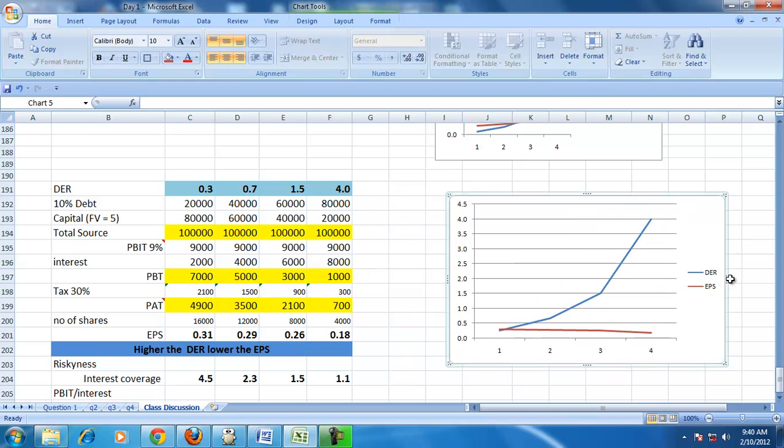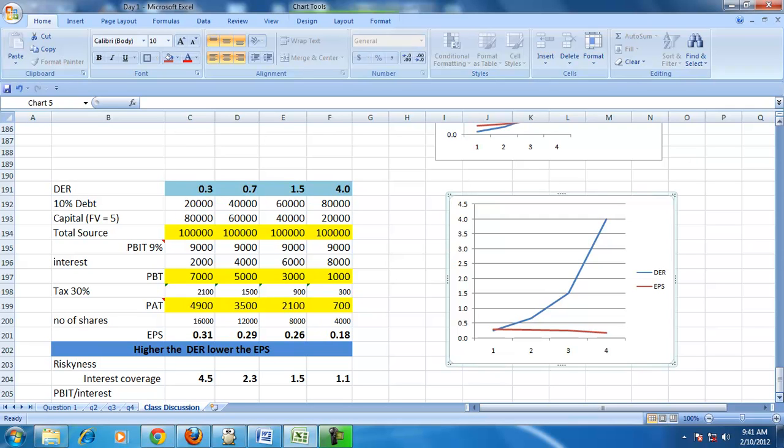It is necessary to understand the effect of the DER on the other financial indicators, and then come to a conclusion. It's possible that some companies have a high appetite for risk. Some companies would like to maintain a moderate risk. Some companies do not want to take any risk at all.